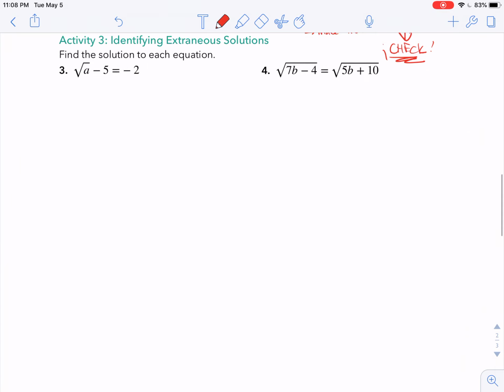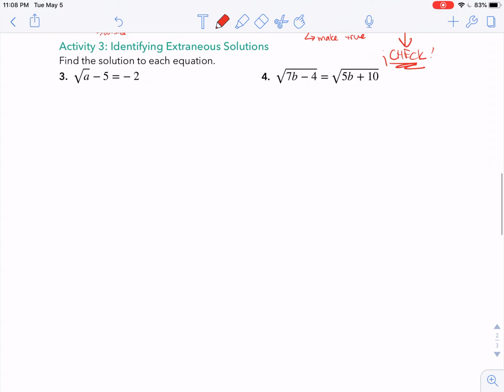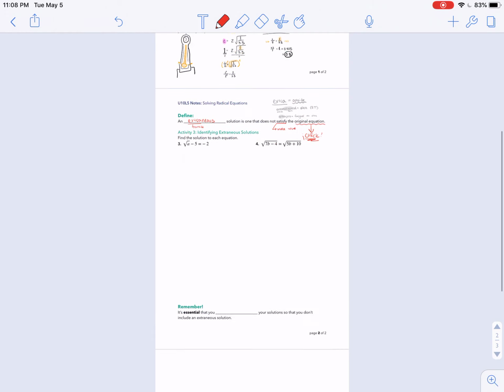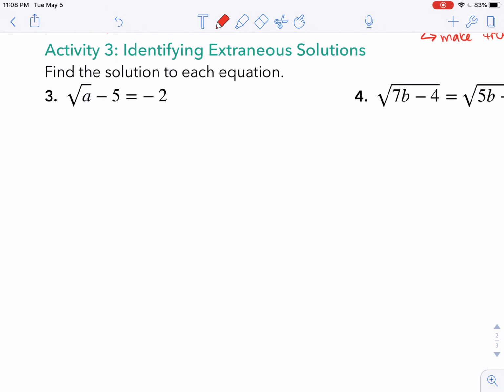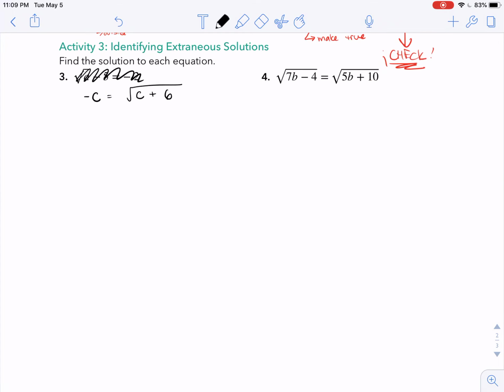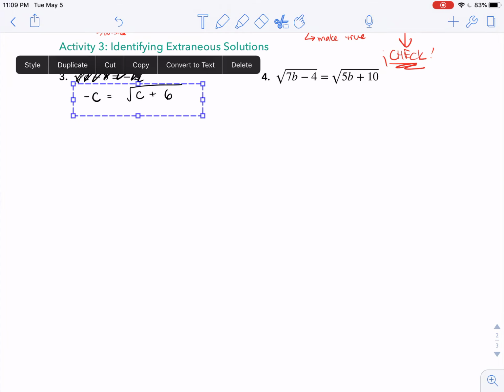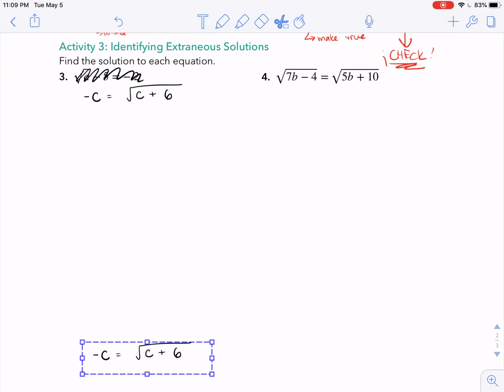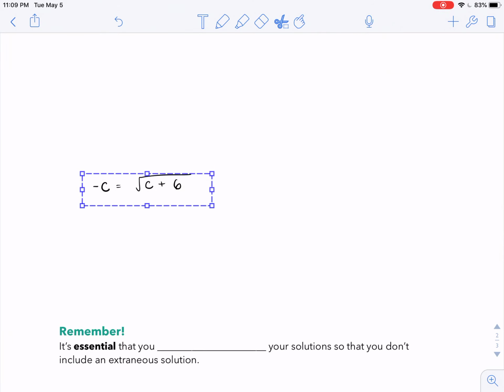So here we go. I didn't copy the equations down correctly, so let's go ahead and just rewrite them real quick. Say you start out with negative c equals the square root of c plus 6. We're going to solve that one. And while I have it written down right here, I'm going to copy it down here later so that we can check our work with it.